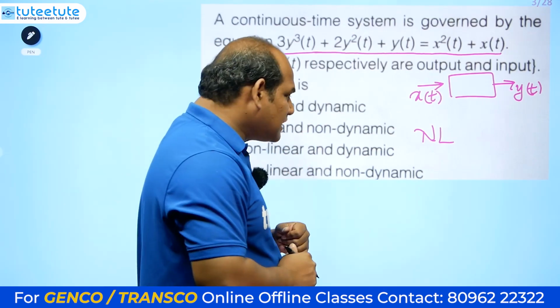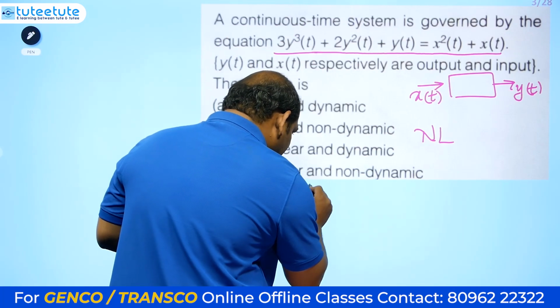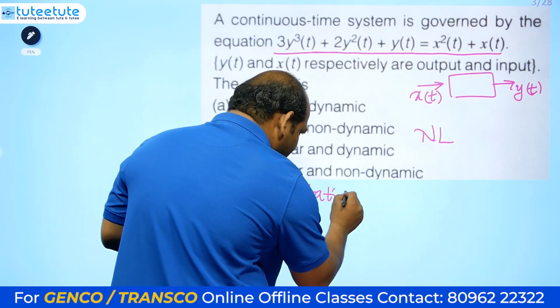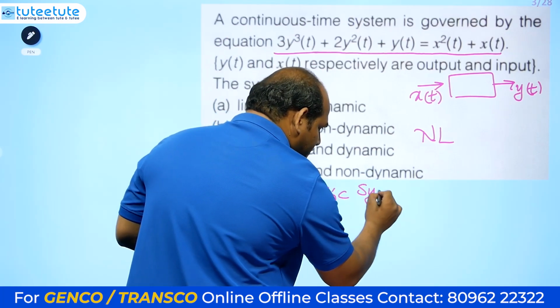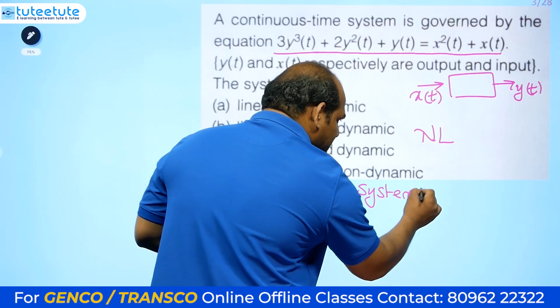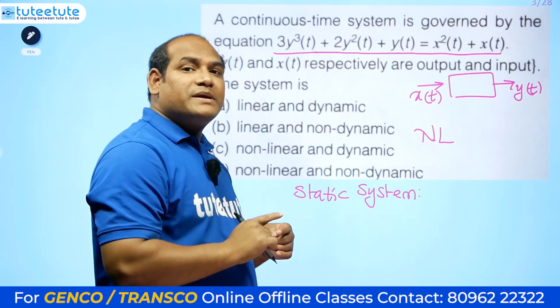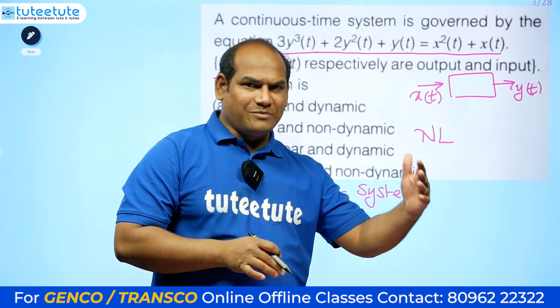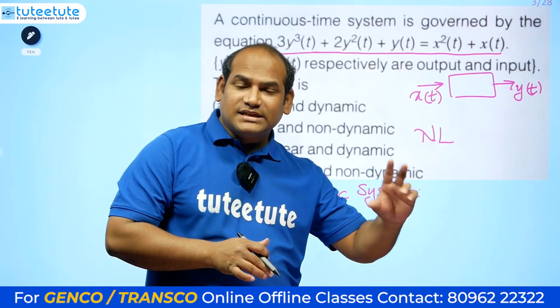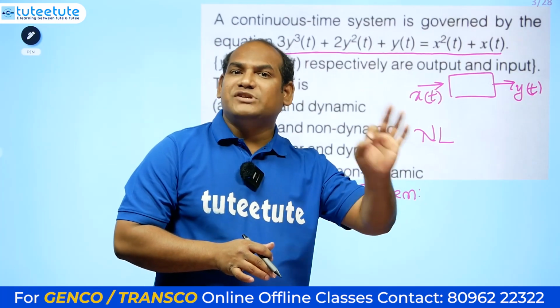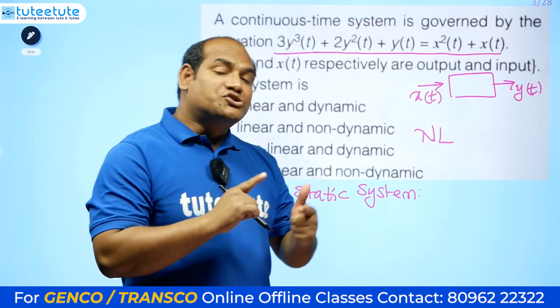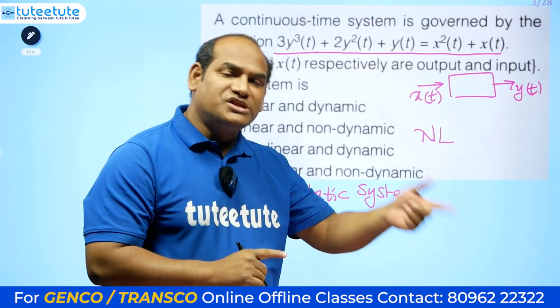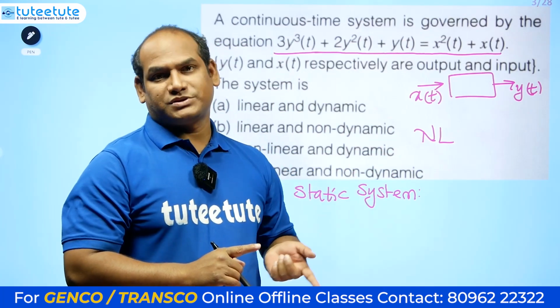So what is the meaning of that? If you see the definition of the static system, the present output should depend only on the present input. You are checking the output at a certain time instant, so that needs the input at that time instant only. That means it should not require the past inputs, and it should not require the future inputs.